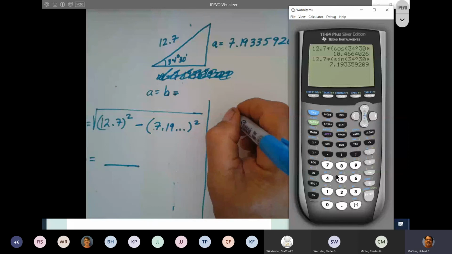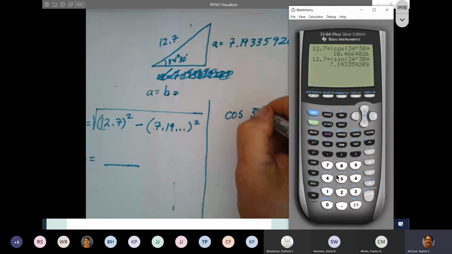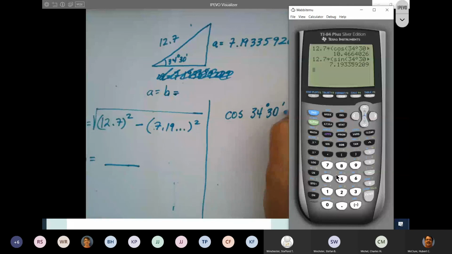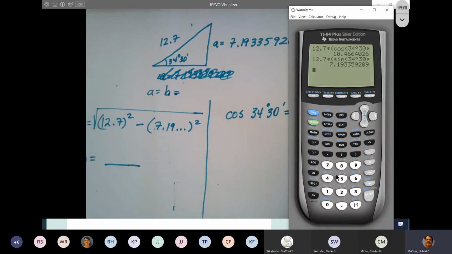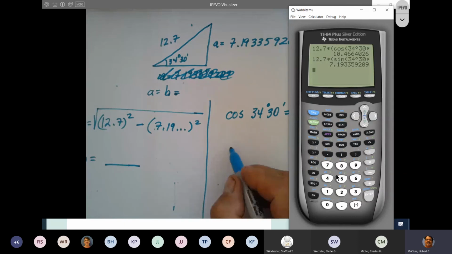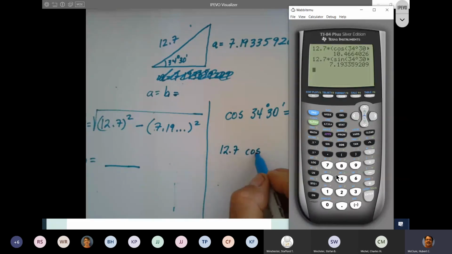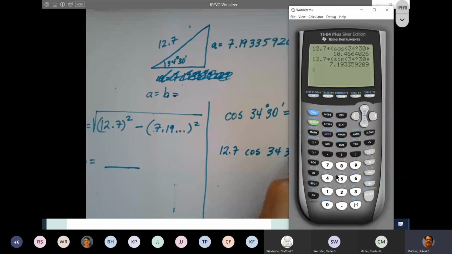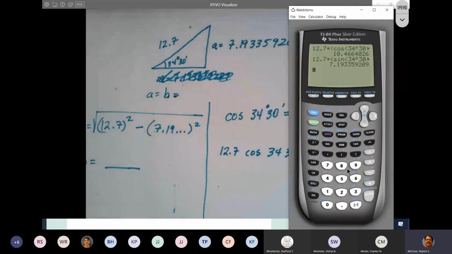So the cosine of 34°30' is equal to B over 12.7. So 12.7 times the cosine of 34°30' is equal to B. And I think that was where I got my 10.